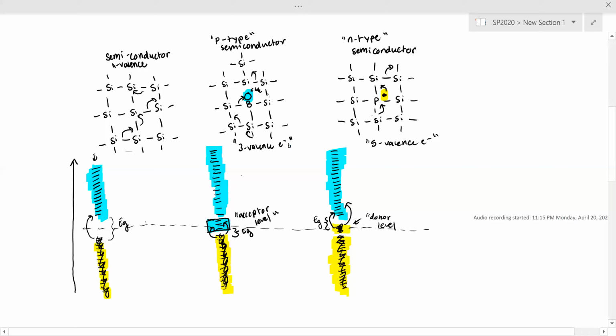As I've indicated here, it makes the energy gap between the unoccupied and the occupied orbitals smaller than it would be in a normal semiconductor.